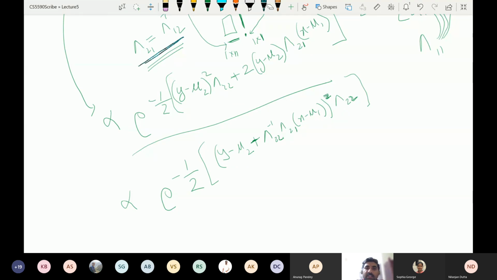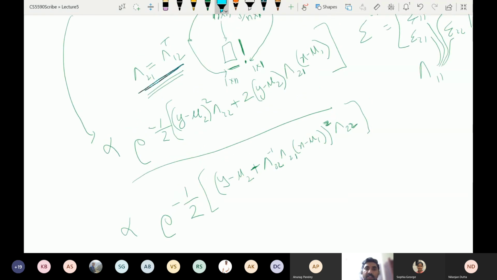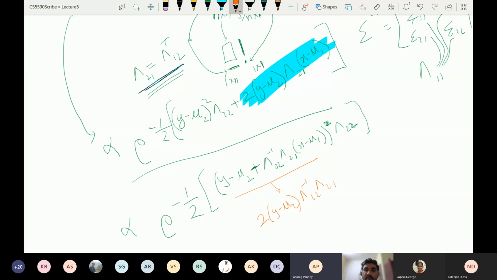So what is the linear term? This is the linear term in the original. And what's the linear term here? If I expand this quadratic, what will I get? That will be 2 times y minus y2 into lambda 2 inverse lambda 2 1 minus this, right?